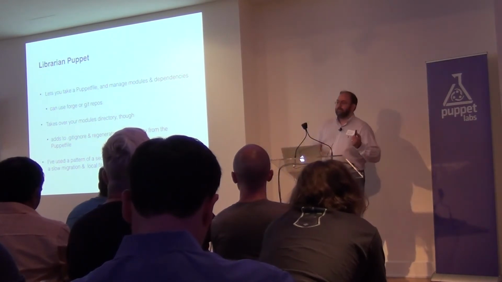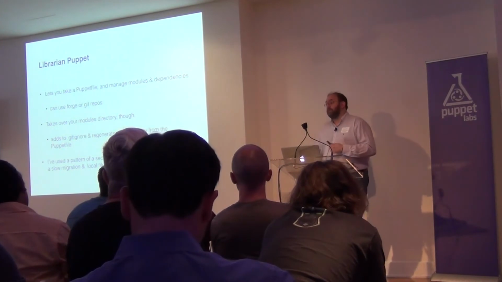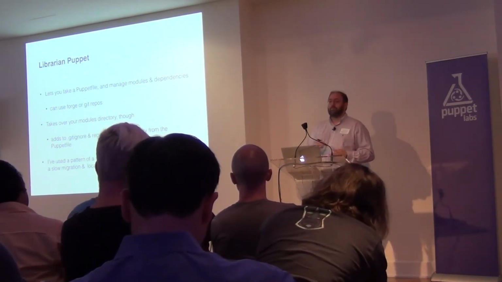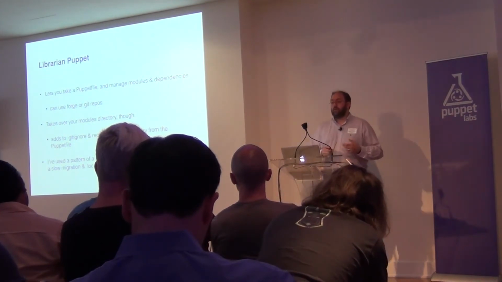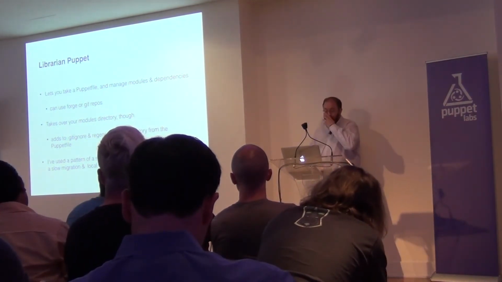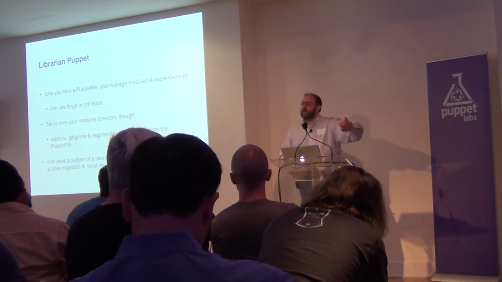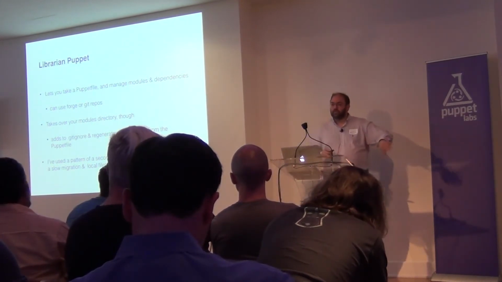I, however, typically have one repo of my local code that I've written, your profiles, your roles, maybe a few small, tiny local modules that you haven't put into their own repos. But then you've got a lot of modules that you're pulling in from the Forge that you really want to keep separate so no one accidentally modifies them and that they're refreshed on time, along with their versions and things like that.